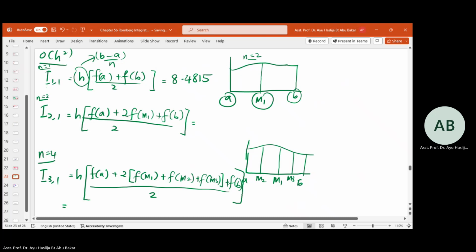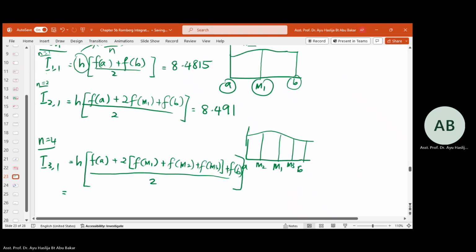Aisha? Yes, 8.491. I31, Alif? Correct. 8.489.